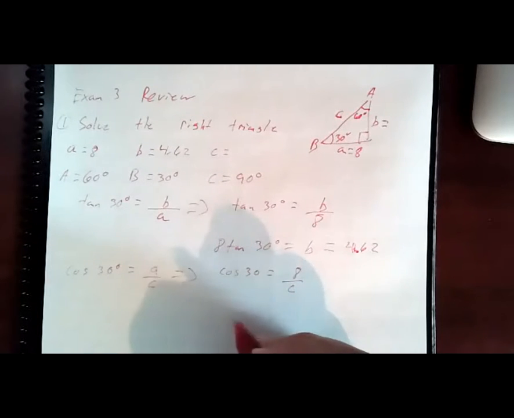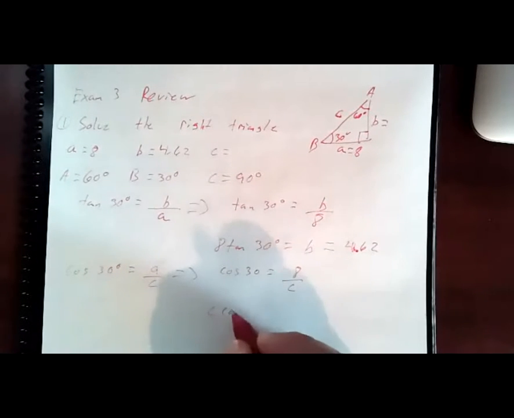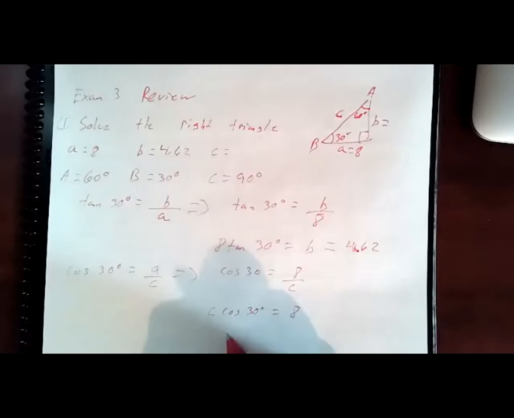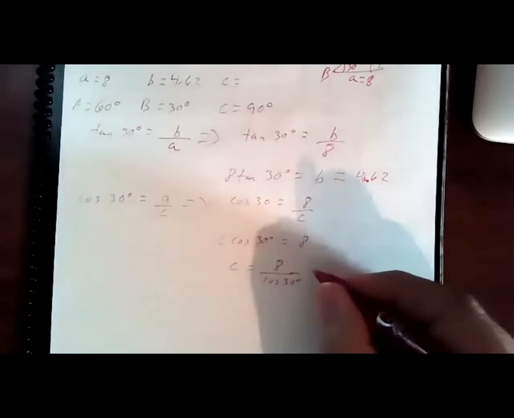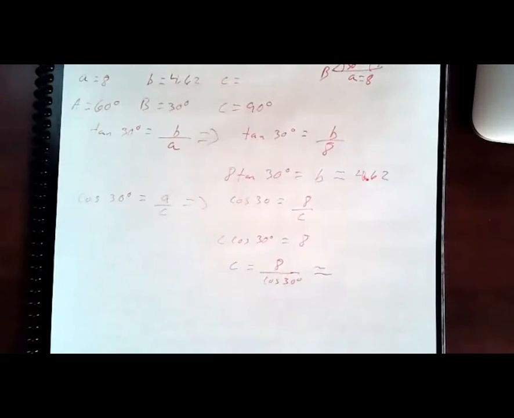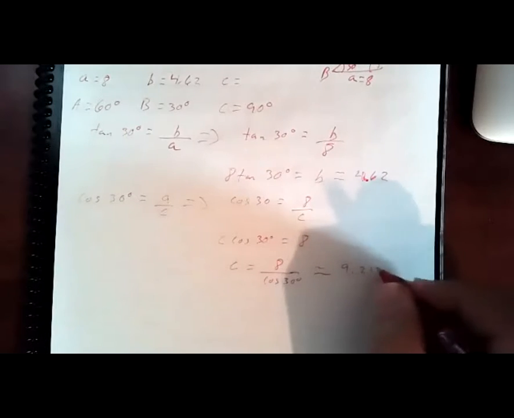If I multiply both sides by c, I get the c over here. Divide by cosine, that gives me c equal to 8 over cosine 30, which is approximately 9.24.